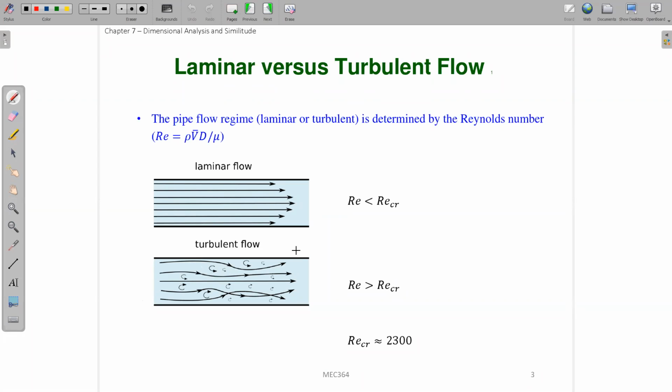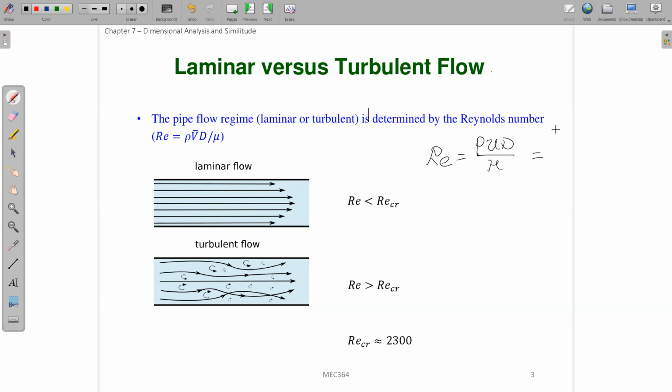Okay, and because of the Reynolds number, right? In the last chapter, we learned the definition of the Reynolds number. Reynolds number is the inertial force over the viscous force. Let me write it down: it's rho u d over mu, right?